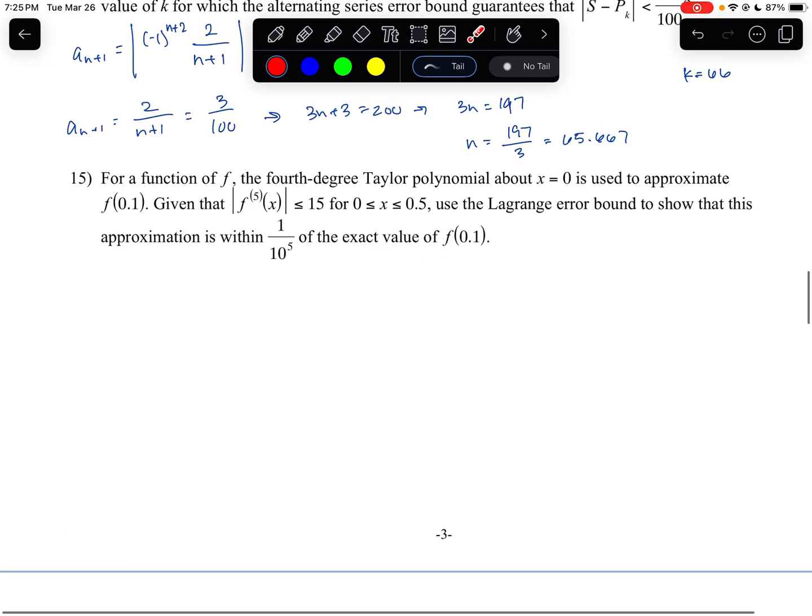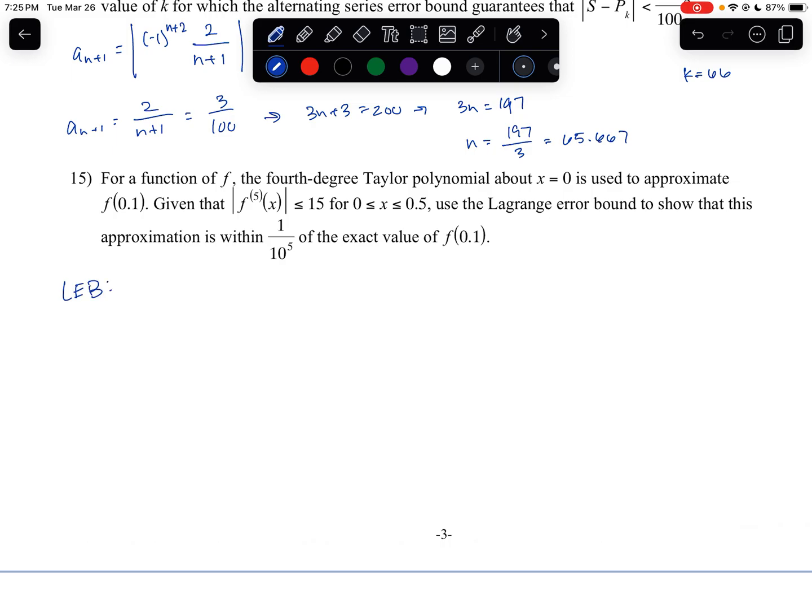So the Lagrange error bound says that the error, so this is for non-alternating series, right? Honestly, it could be used for alternating series too.